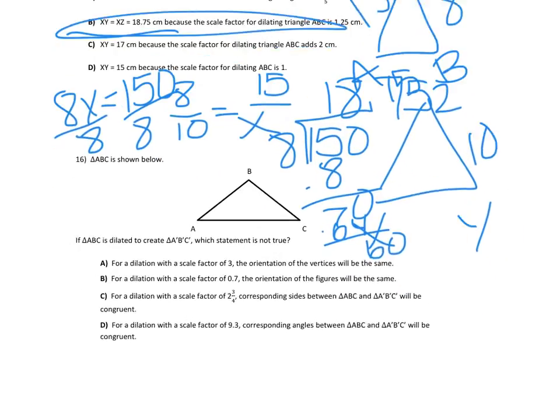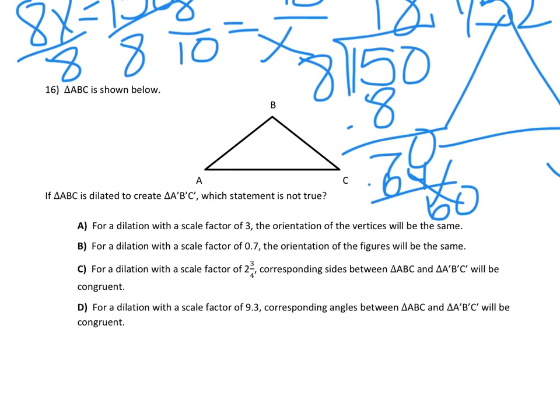Number 16. Triangle ABC is shown below. If triangle ABC is dilated to create triangle A'B'C', which statement is not true? For a dilation with a scale factor of 3, the orientation of the vertices will be the same.